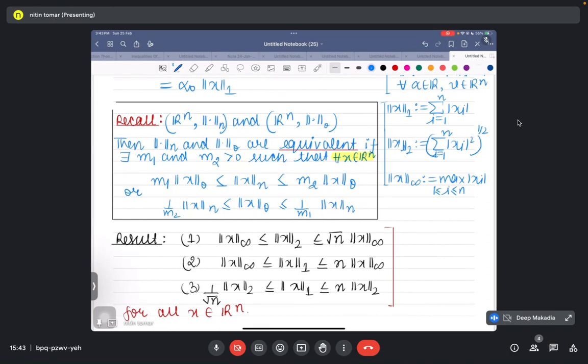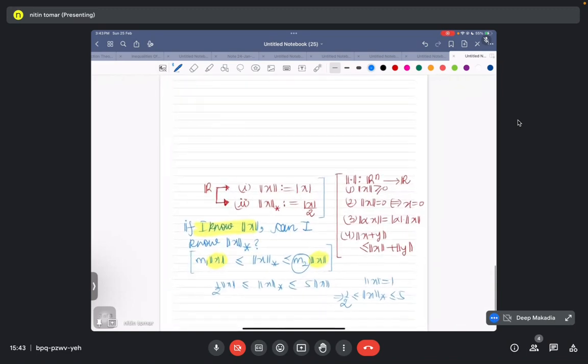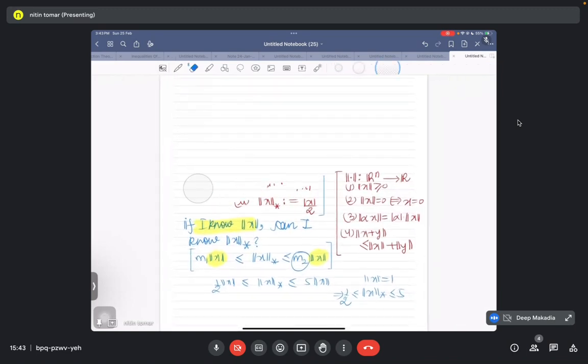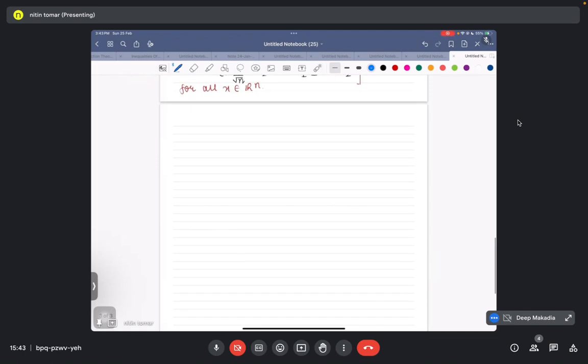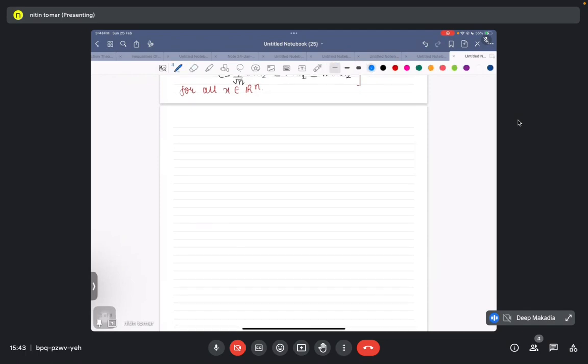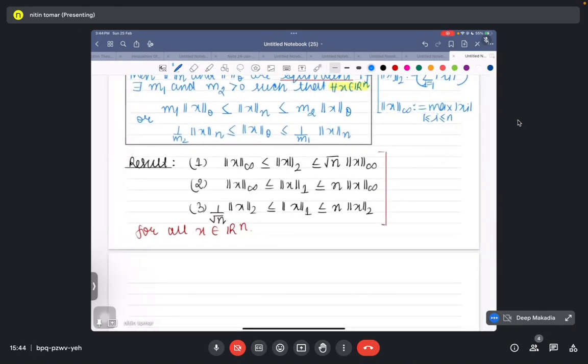Now what about the second result? It says if you know something about norm one, then you can, and the same goes for the third also. Now you know why we call it equivalence, because it gives you some sort of very vital information, I would say. And if you have learned topology, have you learned topology? I guess no. Okay, then I will not go there.